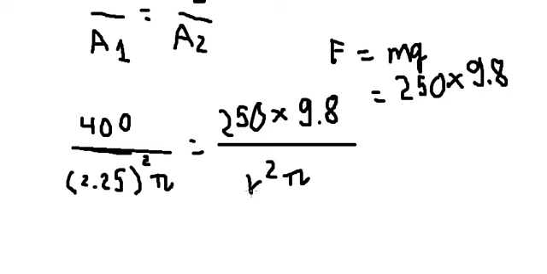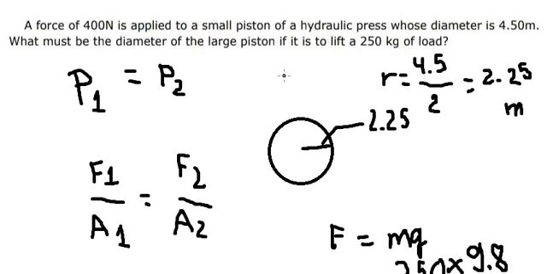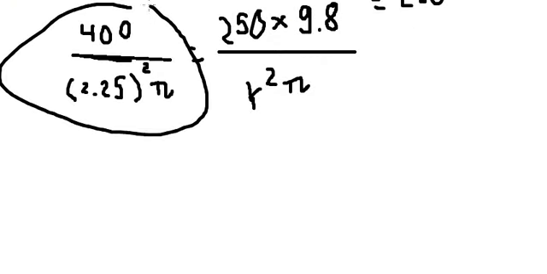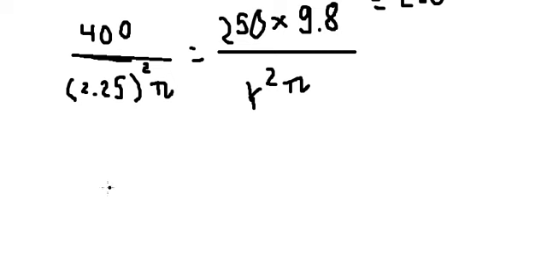Now we need to find r, and later we can find the diameter. So we put r squared on the left and all the numbers go to the right. And now we have it like this.